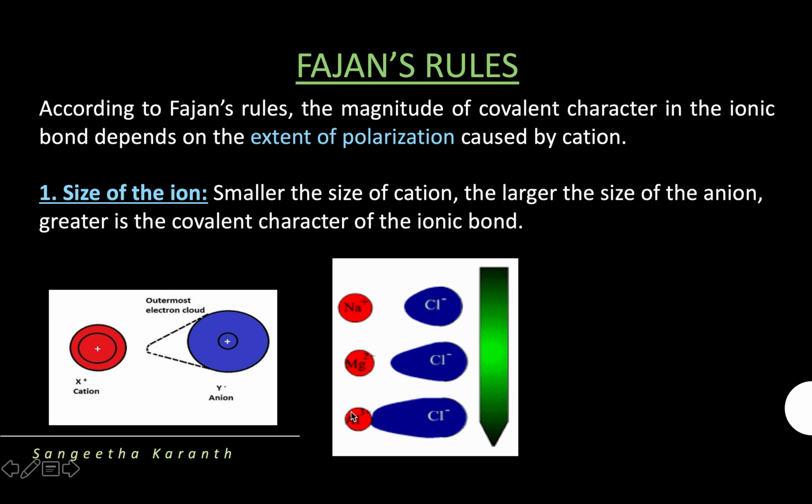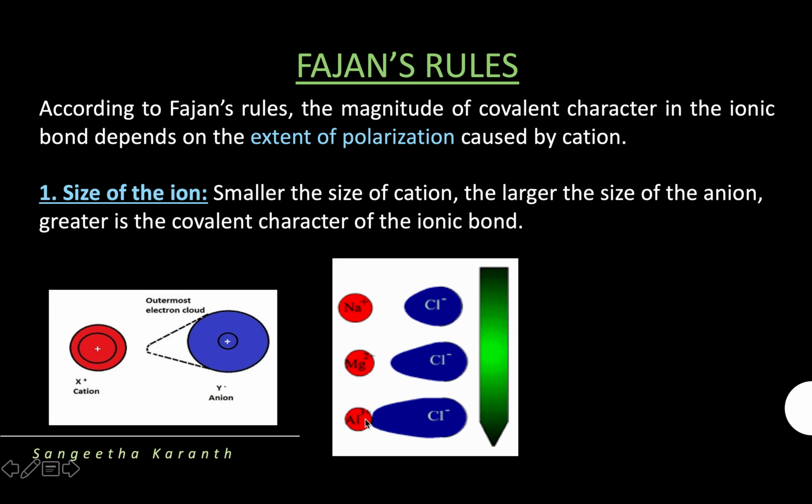So as the size of the cation is small, polarization of the anion will be maximum. Sodium's size is much larger when compared to aluminium and magnesium, so polarization is not very high. Now if you compare the charge, this is +1, +2 and +3.